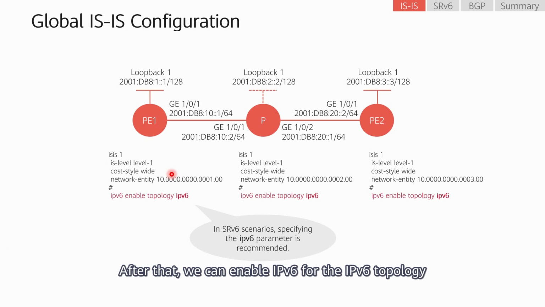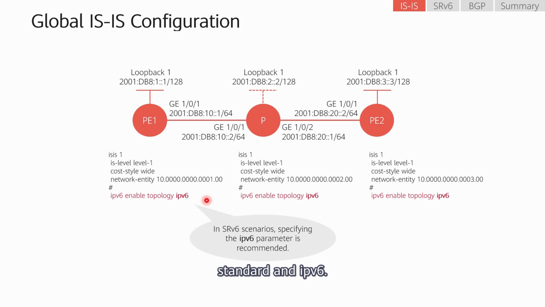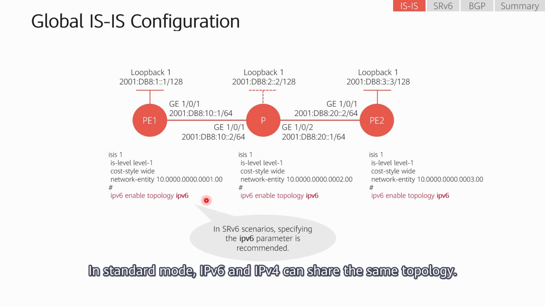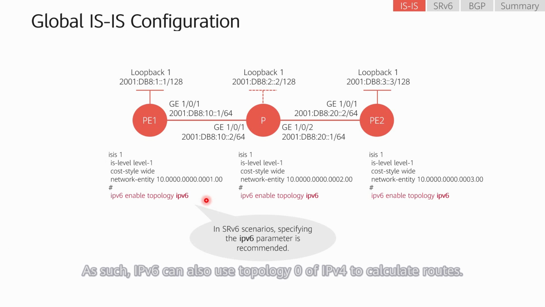After that, we can enable IPv6 for the IS-IS IPv6 topology by running the ipv6 enable topology command. This command has two key parameters, standard and ipv6. In standard mode, IPv6 and IPv4 can share the same topology. As such, IPv6 can also use topology 0 of IPv4 to calculate routes.